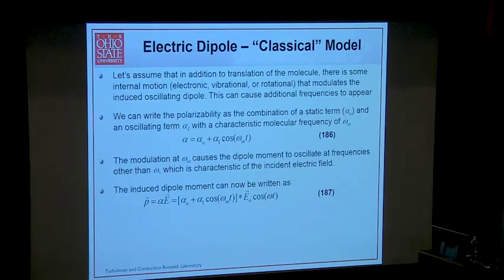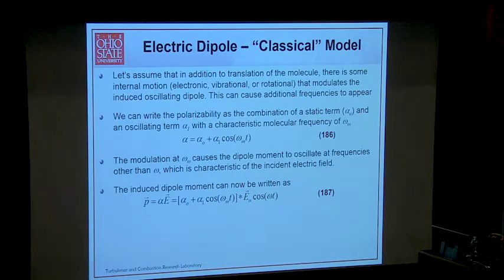So now we can write that the dipole moment is written in this manner. It's our static term times the modulation at the electric field frequency, and then this term that is again modulating this frequency such that we have a different total modulation.